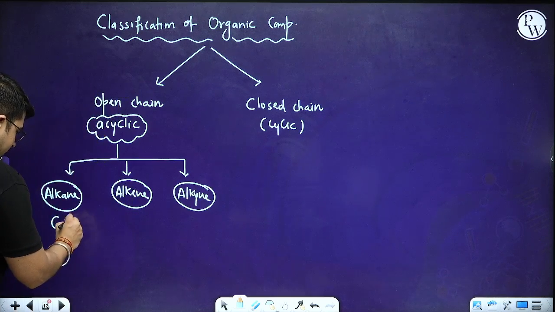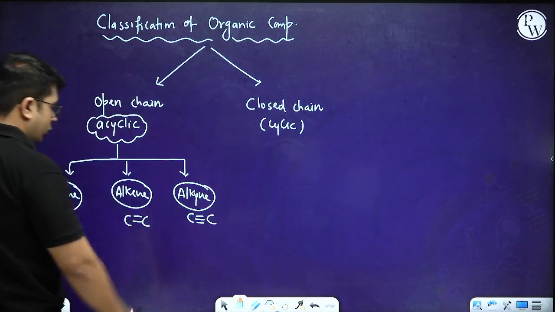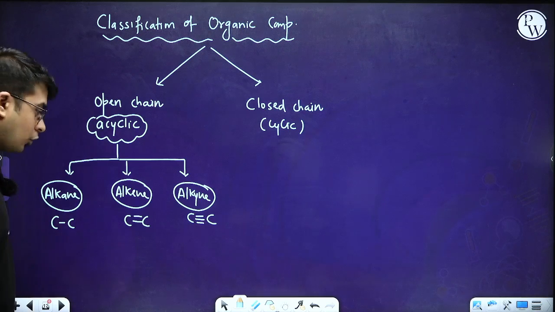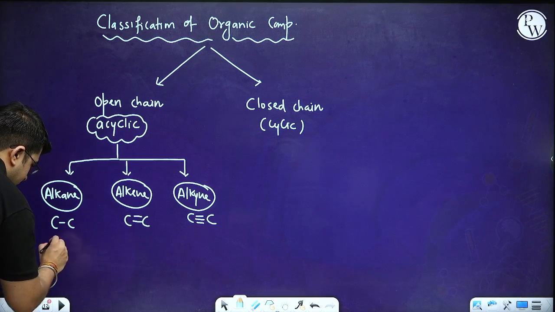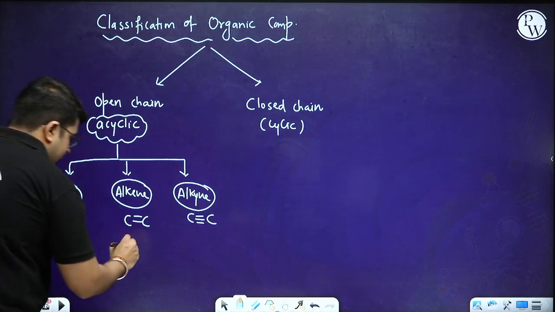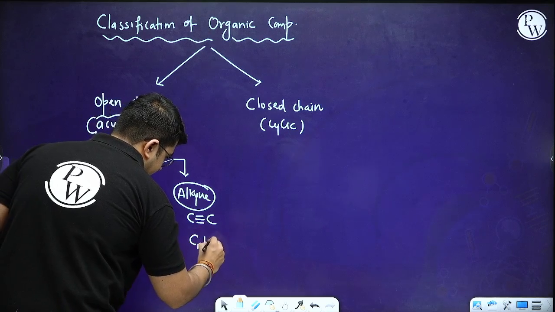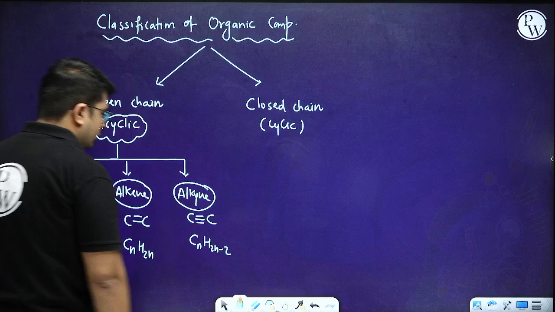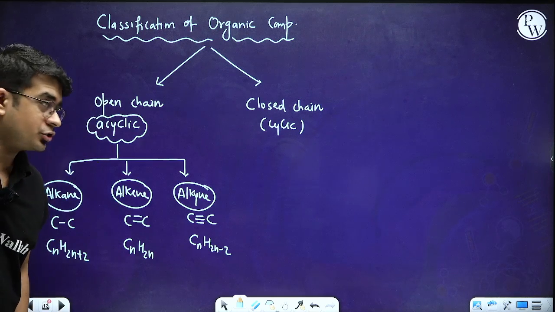Means carbon single bond carbon, carbon double bond carbon, carbon triple bond carbon. If I talk about their formula, you already know this is CnH2n plus 2, this will be CnH2n, and this will be CnH2n minus 2.